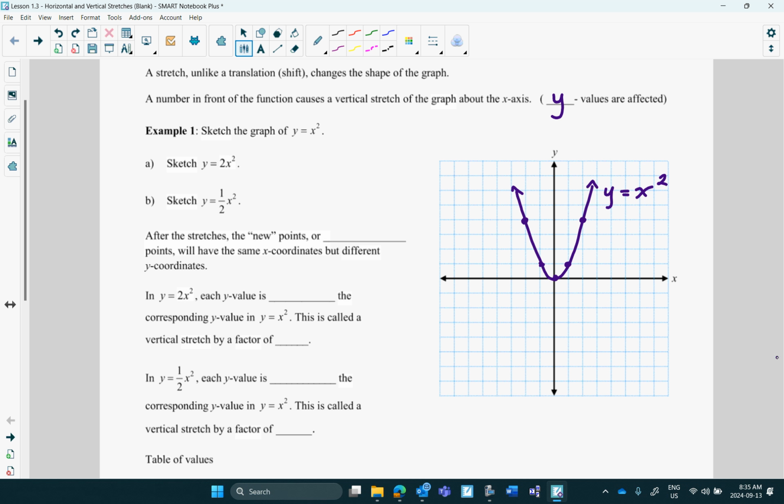If we did y equals 2x squared, remember we went (0, 0), which stayed where it was, but (1, 1) stretched from 1 to 1 times 2, or 2 up. (2, 4) and (-2, 4), the 4s stretched from 4 to 8. Got it. So y equals 2x squared looks something like this.